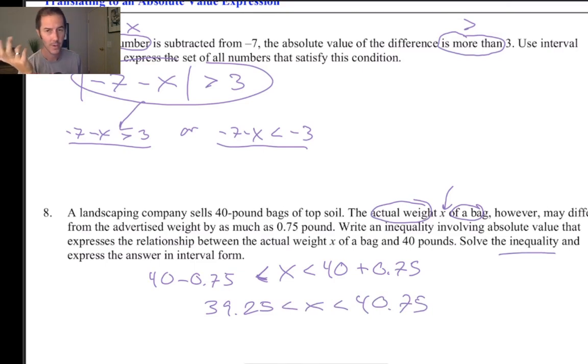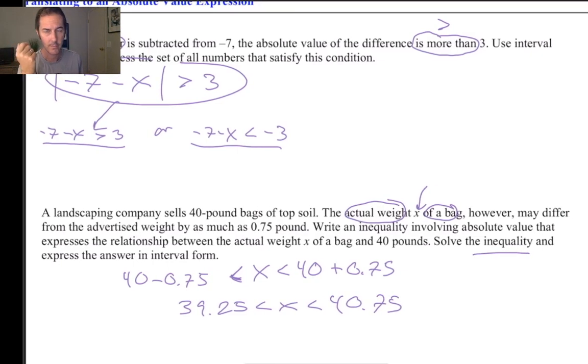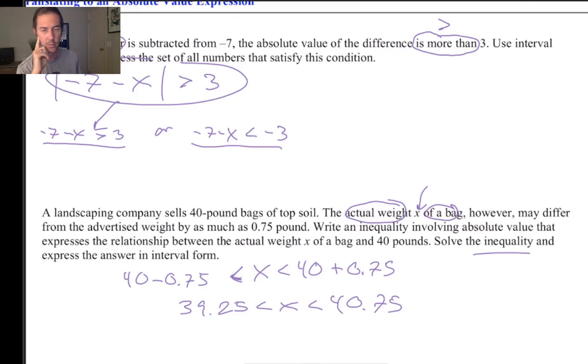I think maybe I just thought of this too logically right off the start, because the inequality is already solved. X is all alone in the middle of our compound inequality. And then they want us to express the answer in interval form.